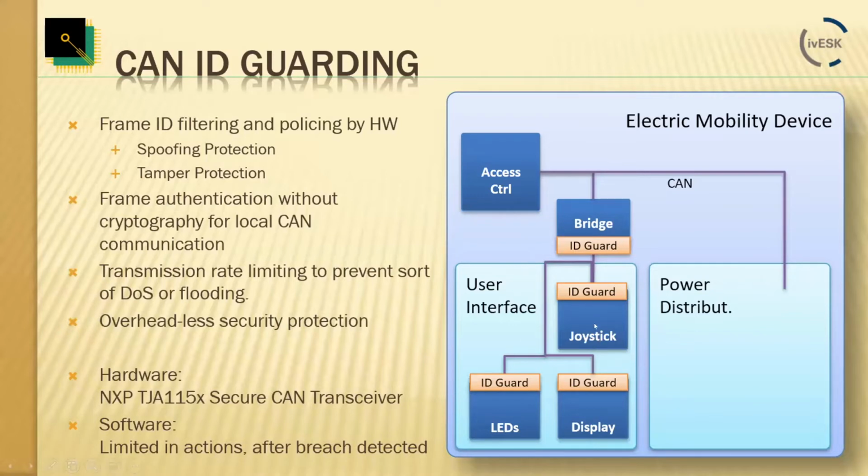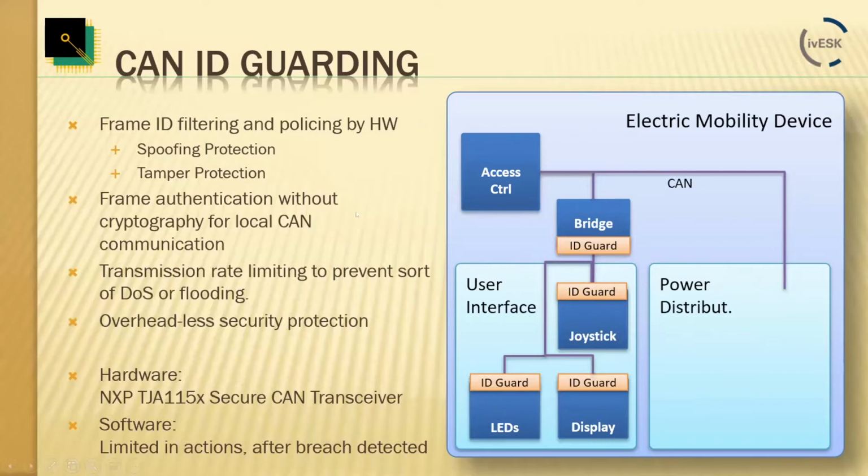For instance, if there's a CAN ID that holds the X, Y, and Z position of the joystick, then this CAN ID will be used over and over again and only by this joystick. Nobody else has the authority to transmit this data.